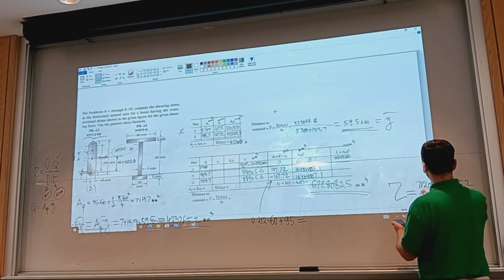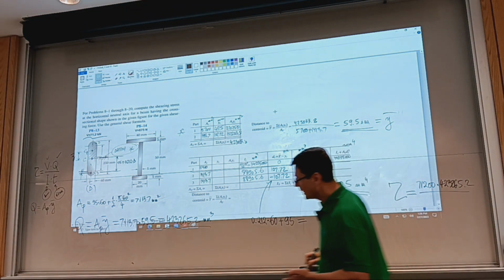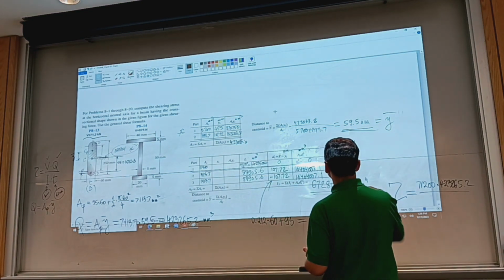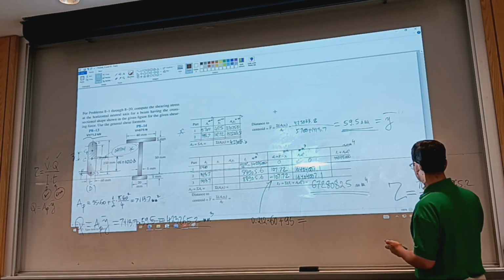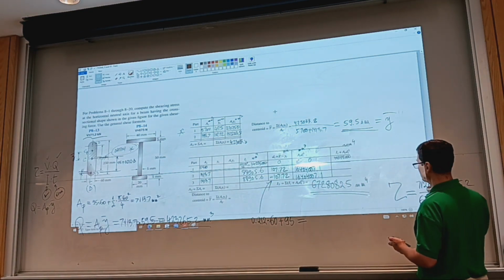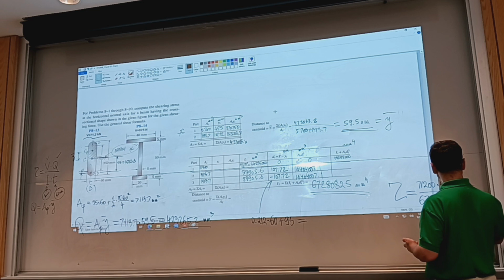Okay, so Q is 423265.2, and then below, the second moment of area is 67280.825, and then the thickness is 6.